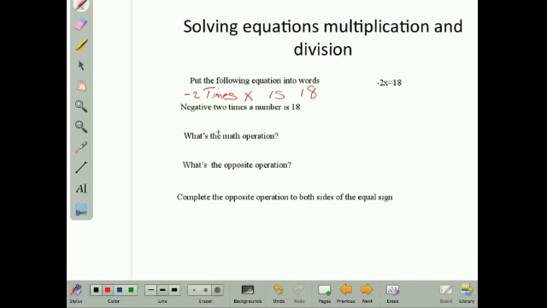The operation that we're talking about is the multiplication. And what's the opposite of multiplication? It's division. So if I can divide both of these by the same number, now it makes sense to divide by negative 2 because it's the opposite of times negative 2. This cancels. I'm left with x is equal to 18 over negative 2. x is equal to negative 9.